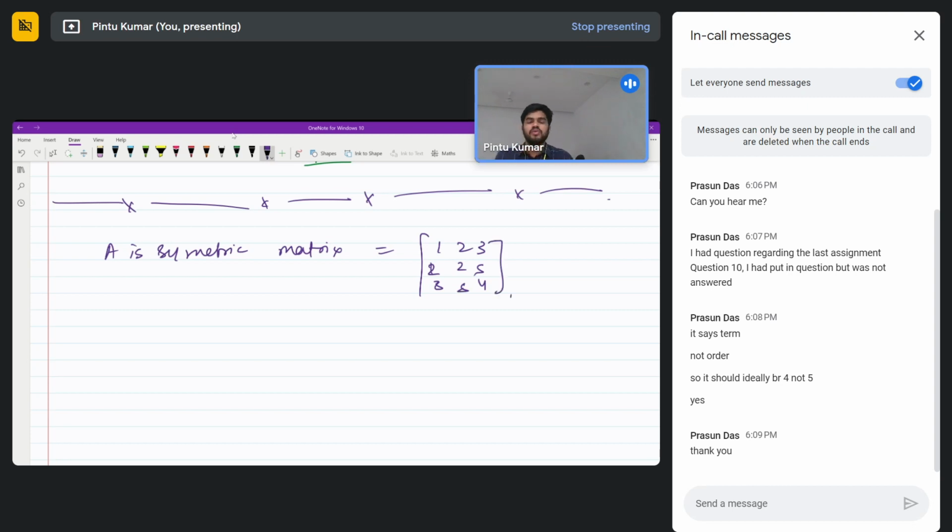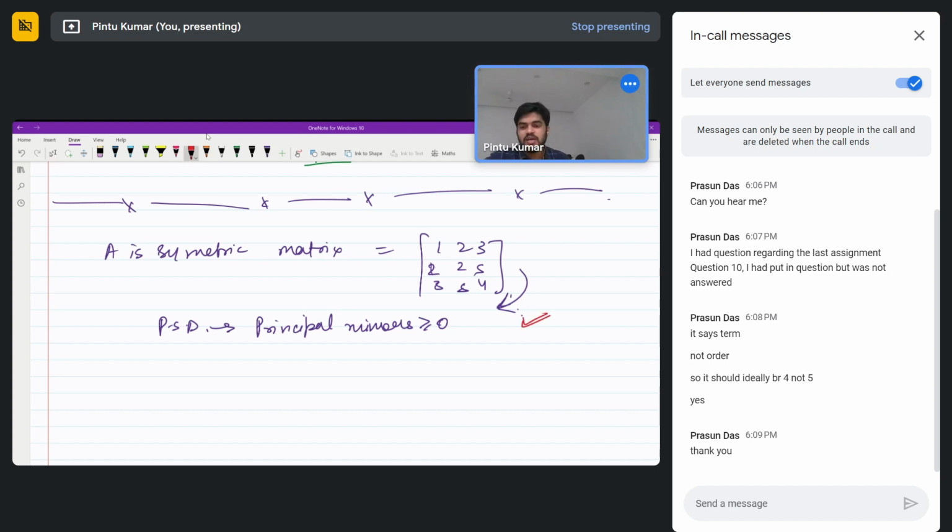If you want to check whether this matrix is positive semi-definite or not, what I told you is that you will check all the principal minors, and if all your principal minors are greater than equal to 0, then you can say that your matrix is positive semi-definite.